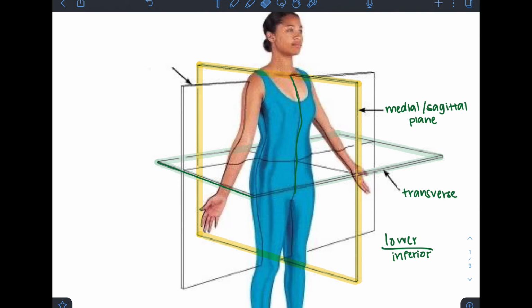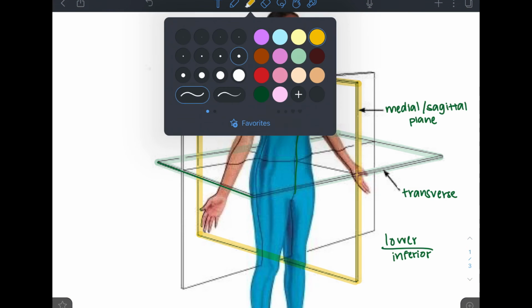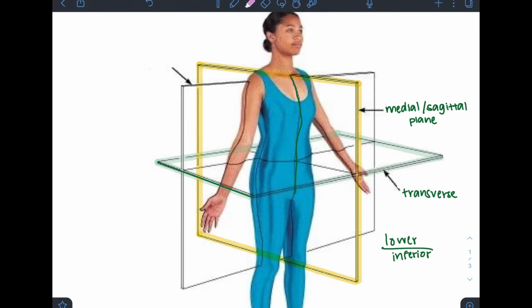And now we go on to our last plane. I'm just going to highlight that one so we can see it easier. This plane is going to be dividing us into the front and back parts of our body. So it's really helpful that they drew on the lines for us.